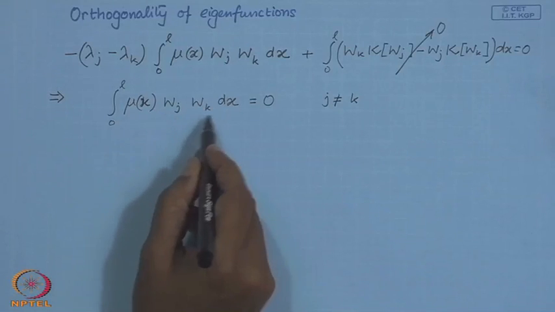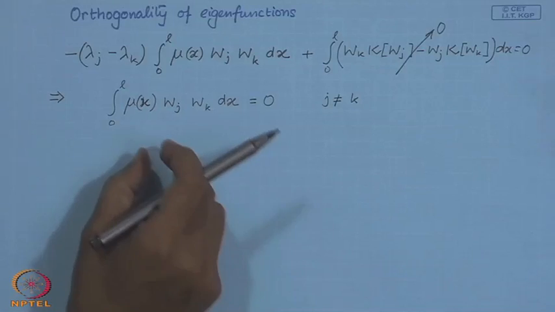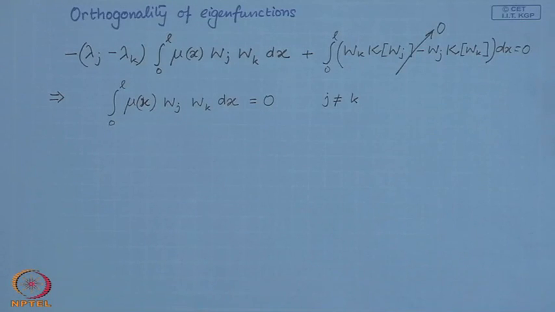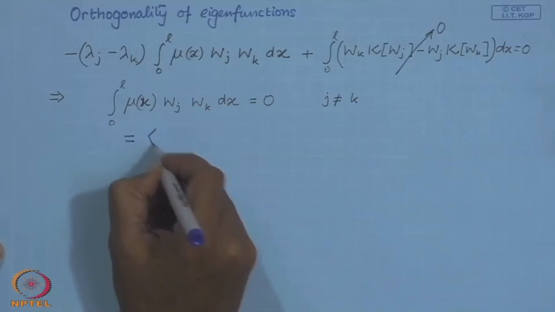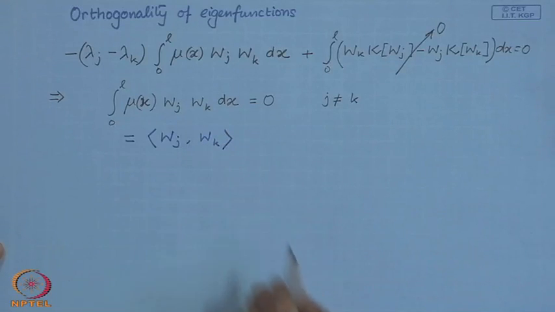Which means if I take two distinct amplitude functions, modes or eigenfunctions w j and w k, then they satisfy this property that this integral must vanish, and this we define as the inner product of these two eigenfunctions.